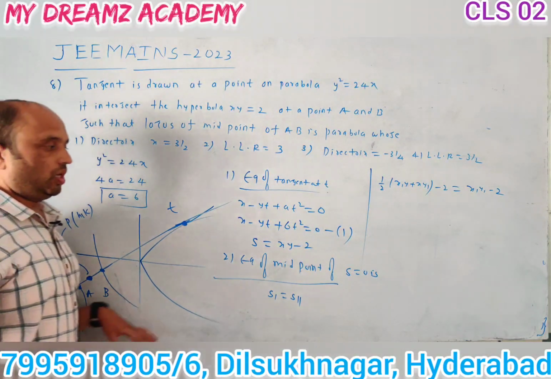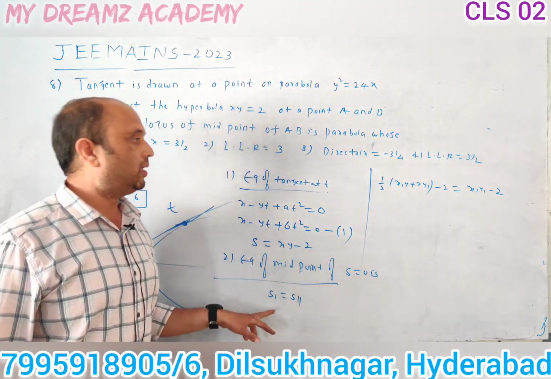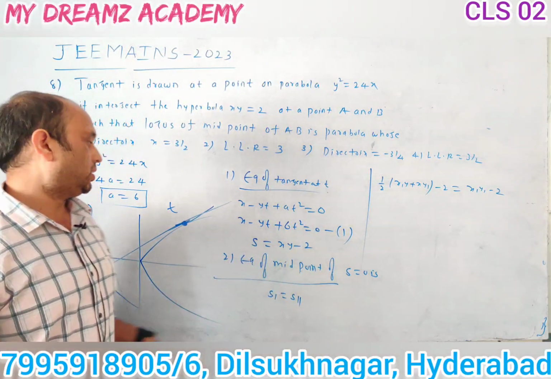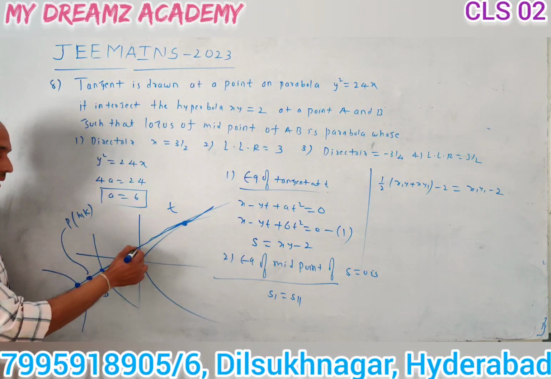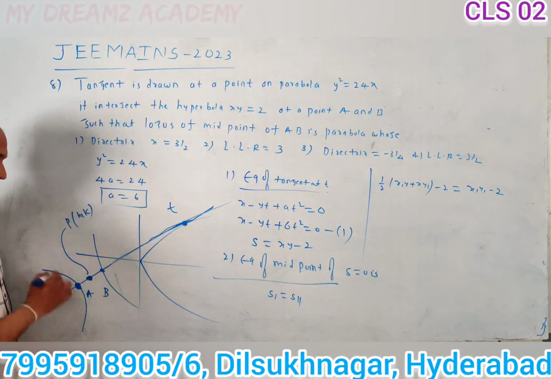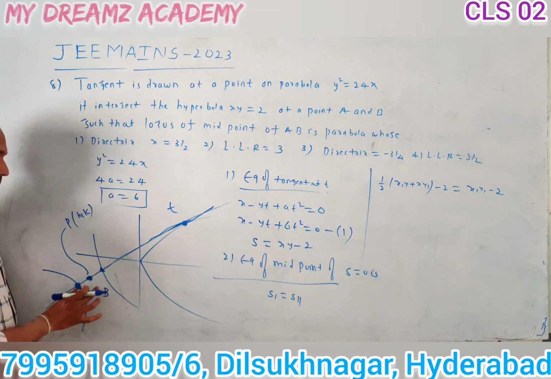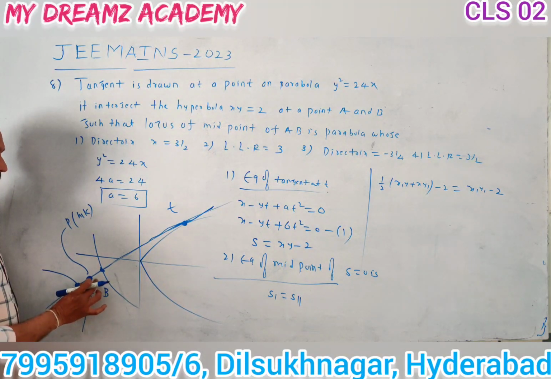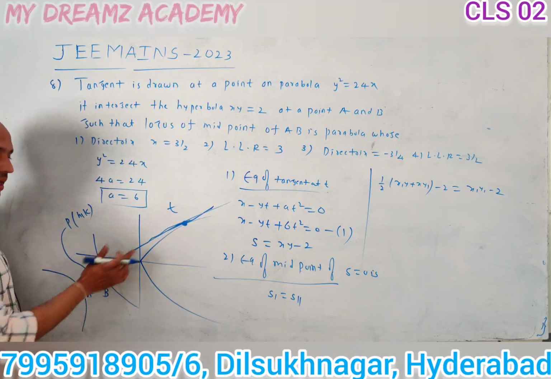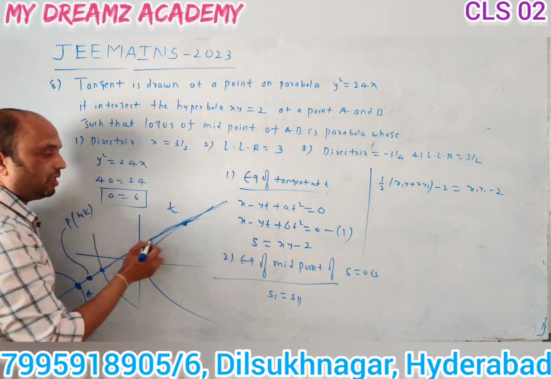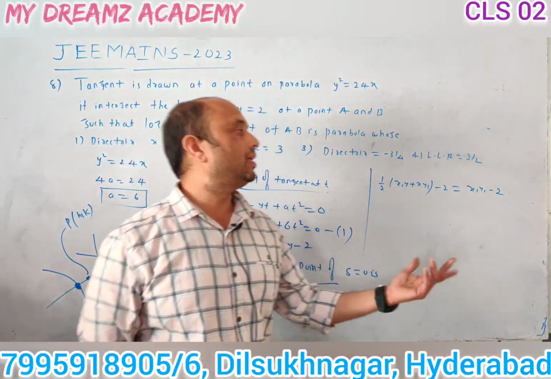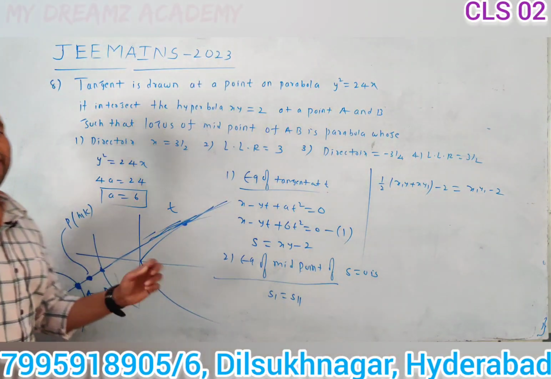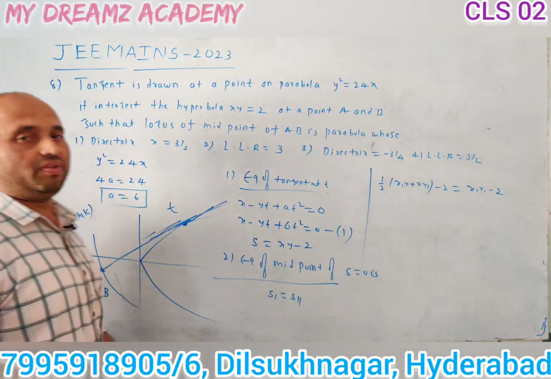Here equation 1 and 2 represent the same line, because this tangent also intersects the given rectangular hyperbola at A and B. We want the midpoint of A and B. We already have equation number 1; now find equation number 2, then compare the two to find the equation of the locus in terms of h comma k.